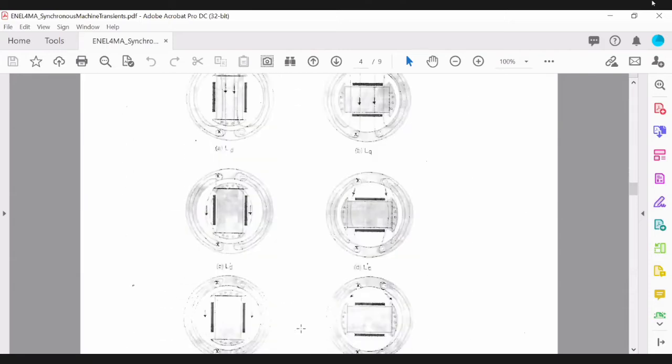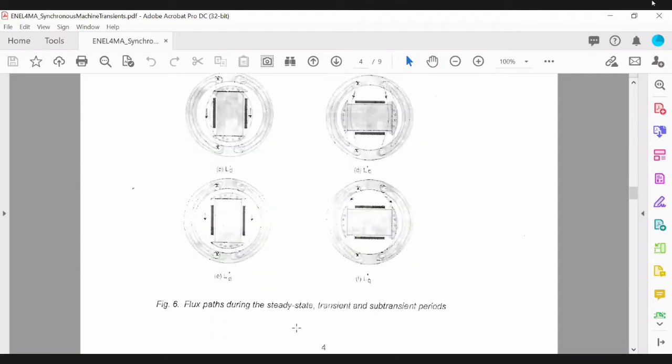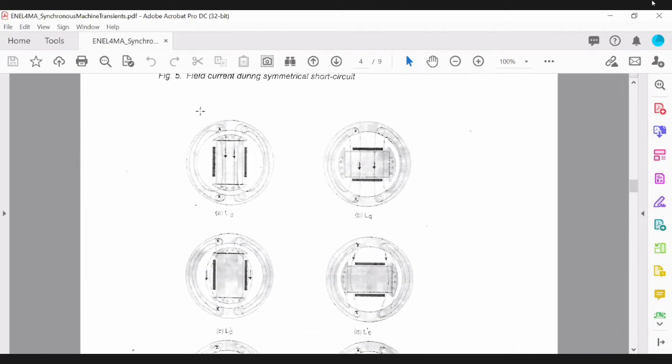Okay, so if you look at the distribution of flux between the rotor and the stator in those three distinct periods, the first one is your steady state period. You'll find that the flux is linked with the stator iron and the rotor iron, well distributed, and this is along the D axis and this is along the Q axis.